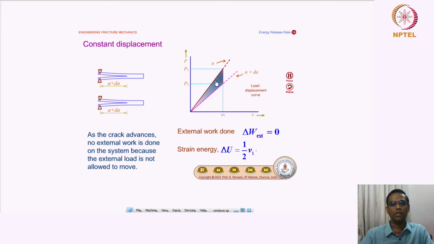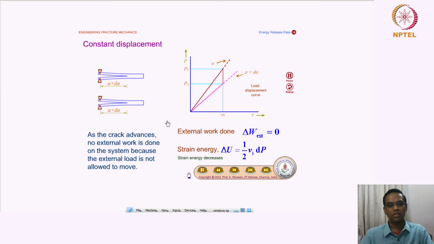The change in strain energy is a much smaller truncated triangle compared to the previous one. So in a fixed grip, or constant displacement, experiment, the strain energy of the system decreases. In one case, at constant load, it increases; in the other case, at constant displacement, it decreases.